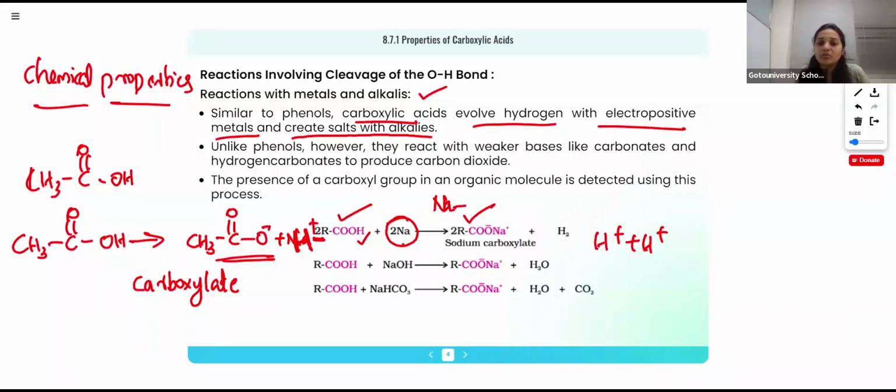Then sodium will produce Na plus ion plus one electron. This H plus will accept this one electron and convert into hydrogen. Got it? Then the two molecules will undergo the same reaction, two hydrogen atoms will be produced, and they will produce a hydrogen molecule. Got it?